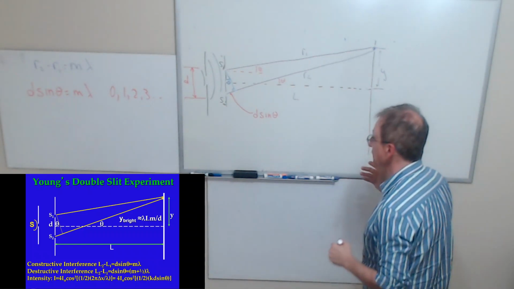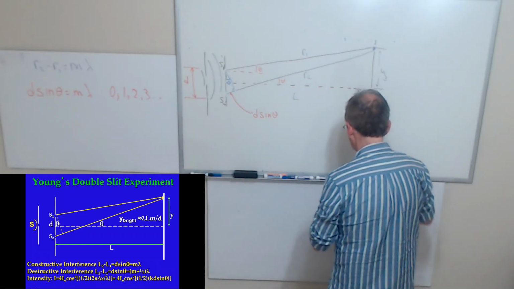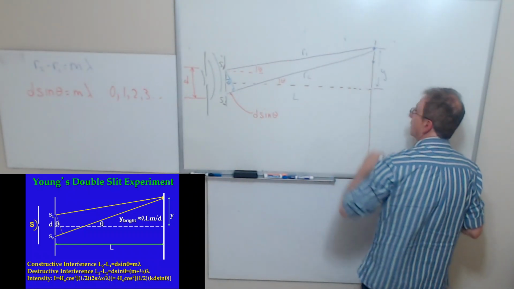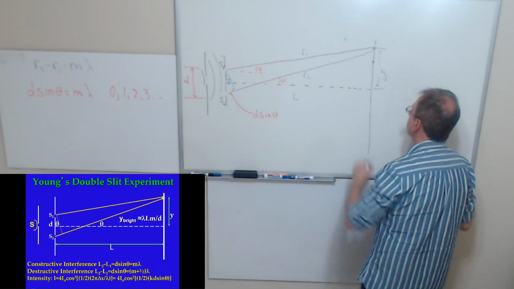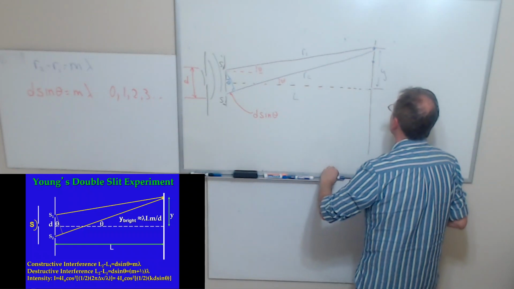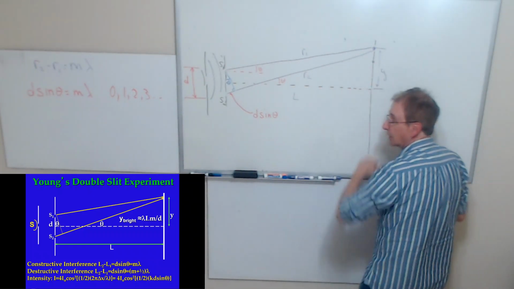Now, if you have destructive interference at some location, let's say here, you have a dark spot, then the path difference is some odd multiple of half a wavelength.